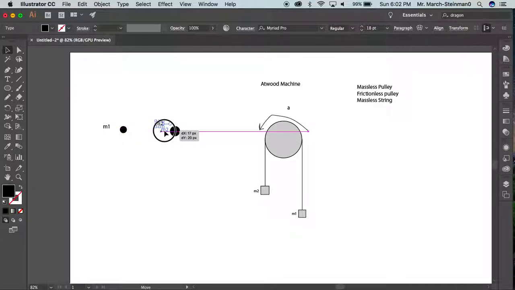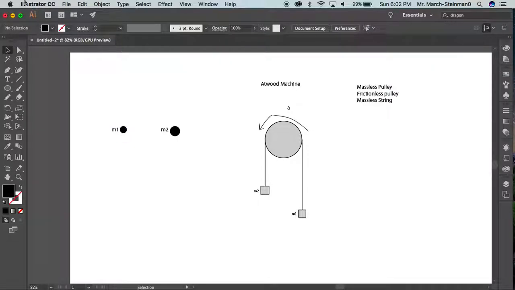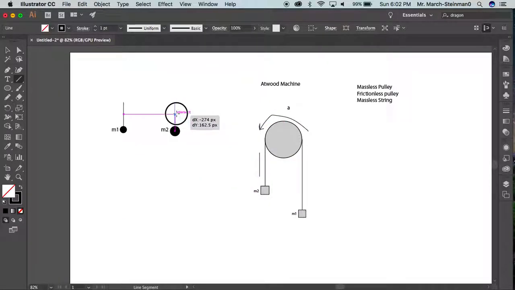So now I'm just labeling these so that it's clear which one is which. And our only forces here are vertical. So starting out, I'm going to have a vector pulling up from the string on mass 1. And I'm going to copy that and paste it. I'm going to move it here for mass 2.